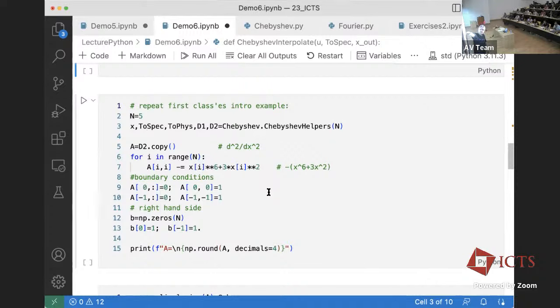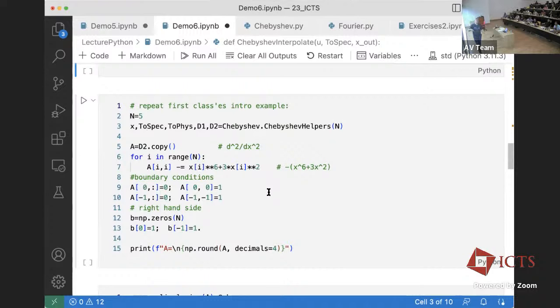I'm taking the last column of A and also setting it to 0, and the first row and the last row, except the very bottom right element is going to be set to 1. On the right-hand side, we have all zeros except for our two boundary conditions.